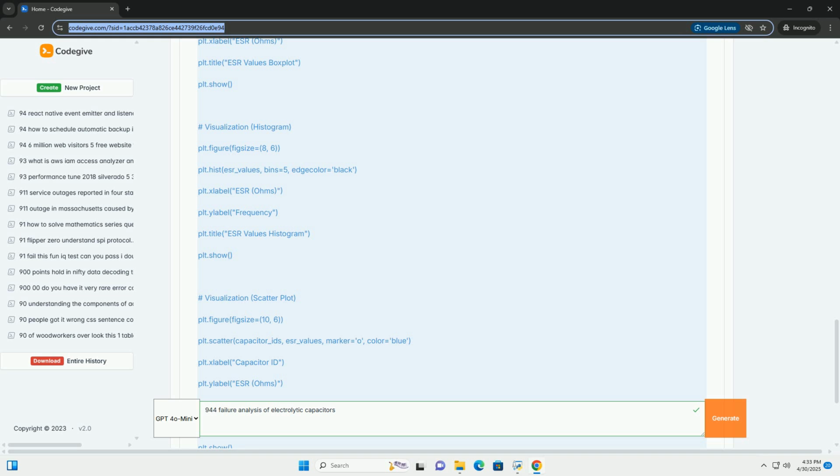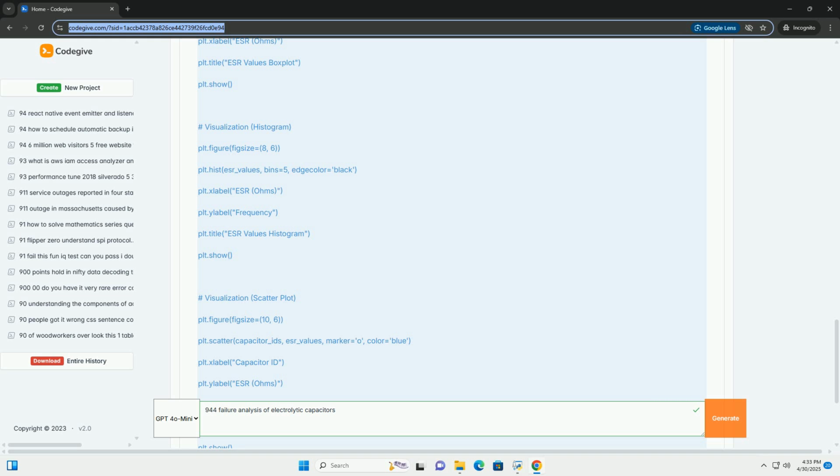Code example: Python for ESR data analysis. Let's say you've collected ESR measurements from several capacitors during your failure analysis. You can use Python to analyze the data and identify outliers, potentially failed capacitors. Explanation of the code. 1. Import libraries.